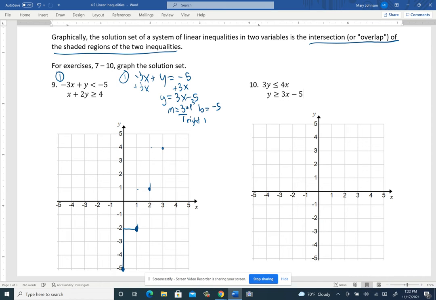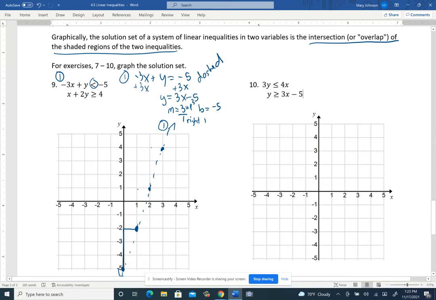I'd like to do it a couple times because I'm going to graph my line in a minute. When I'm looking at that first one, do you see how it's strictly less than? So it's going to be dashed when I do it. Okay, so that's line 1. I'm going to label it with a 1, and it's dashed.